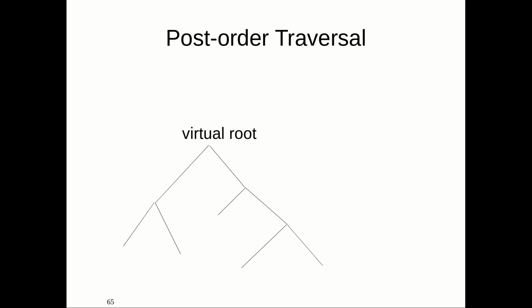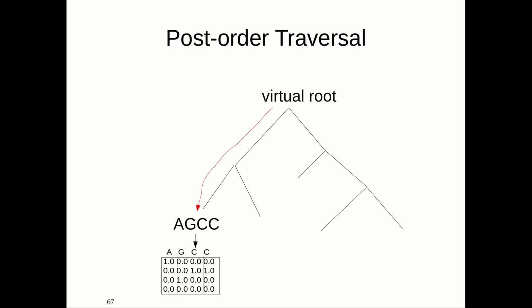Then, as I've shown you previously, we do a post-order traversal of the tree, starting at the virtual root. Once we are at the tips, we initialize the tip vectors like this: an A is just a conditional likelihood vector of 1.0, 0, 0, 0.